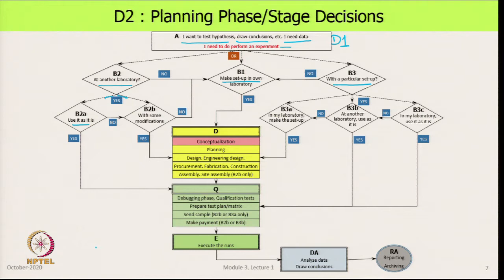So, if it is a standard setup as per the standard, then of course, we will say yes, in which case we are saying, okay, now go ahead and straight away come here, maybe do the debugging, but then make the test plan, send the sample, make the payment and execute. So, we skip some of these stages.